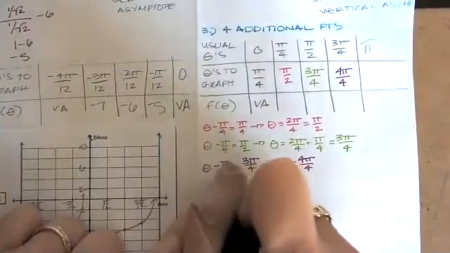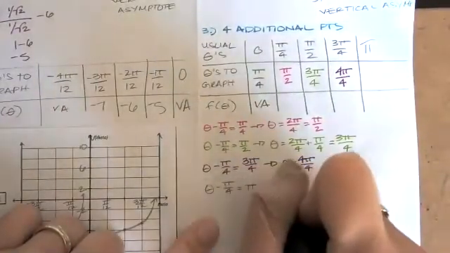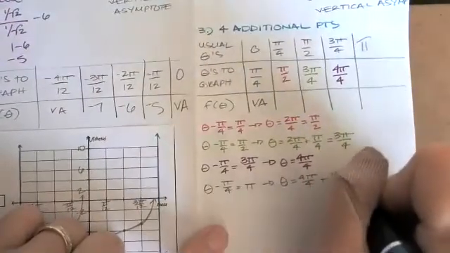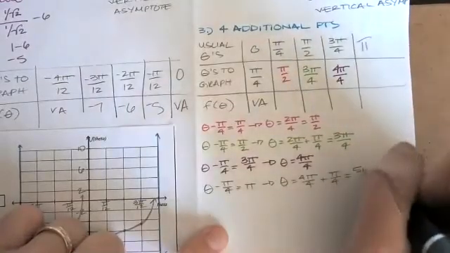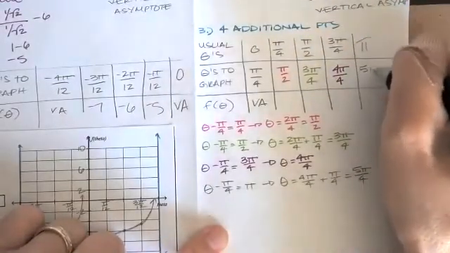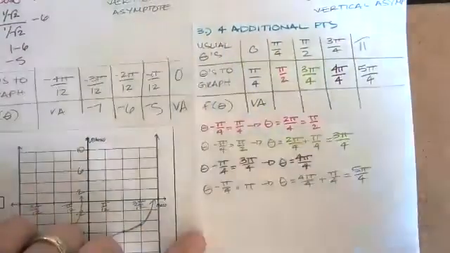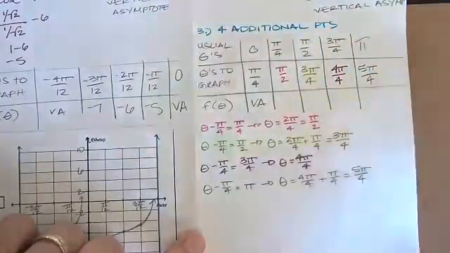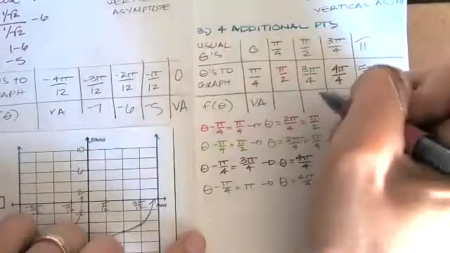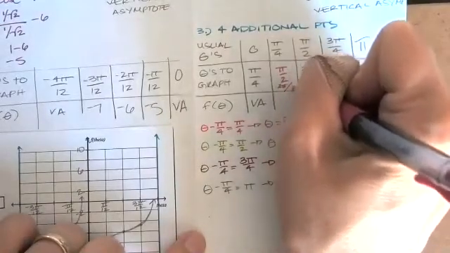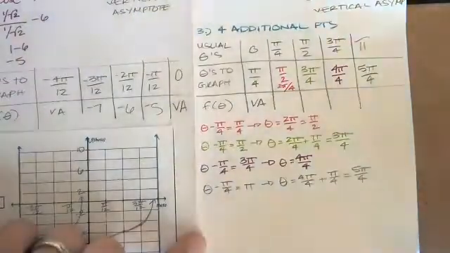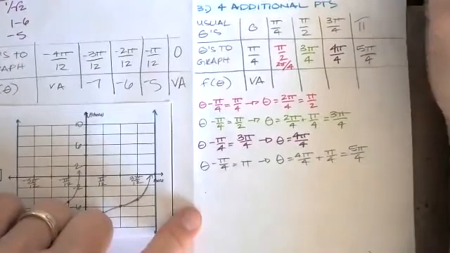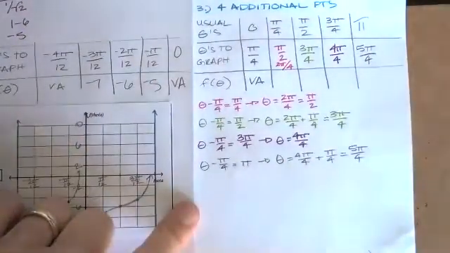Okay, so theta minus pi over 4 equals pi, or theta equals 4 pi over 4 plus pi over 4, which is 5 pi over 4, and that confirms our hypothesis. So now we can see the pattern, and we know that we want to count by some pi over 4. So let's come up with those y coordinates.